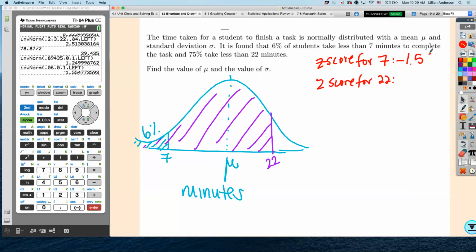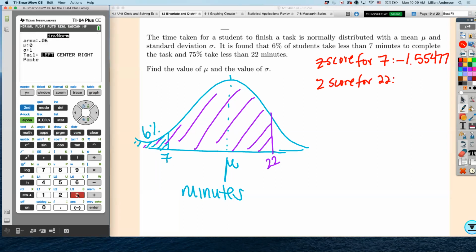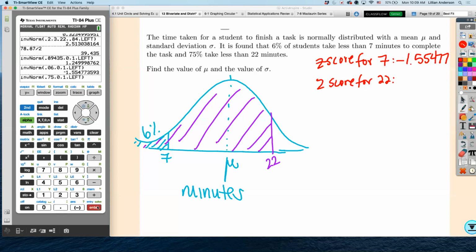I'm gonna write down a few places. I'm going to do the exact same thing for a z-score of 22. I know my probability underneath the curve is 75%. Mean and standard deviation stay the same. And that's my z-score for 22.